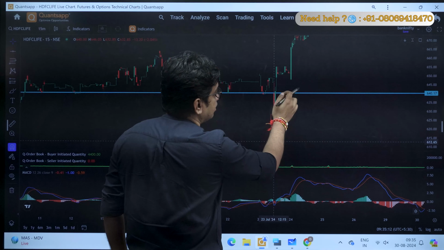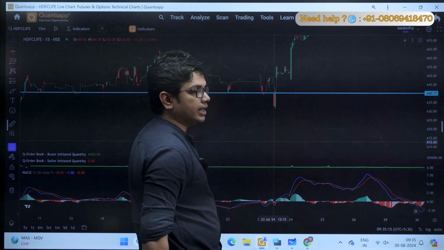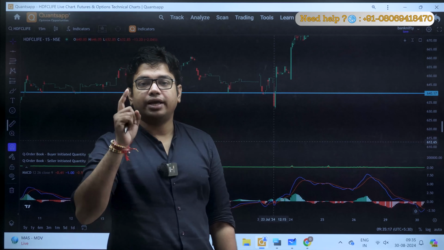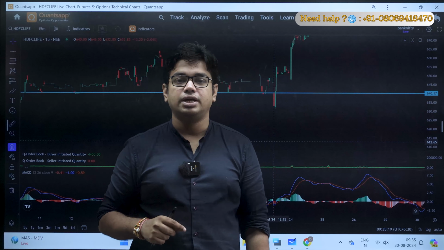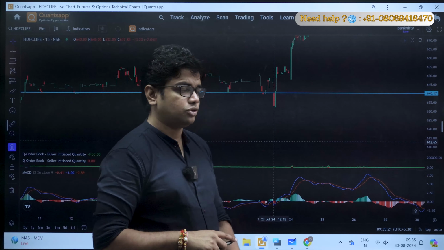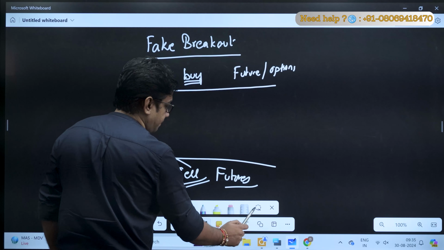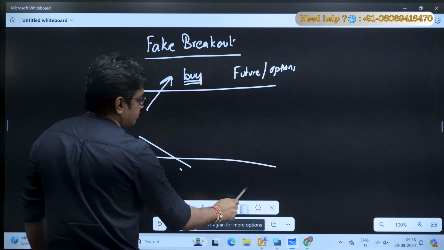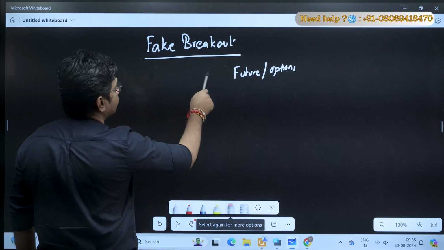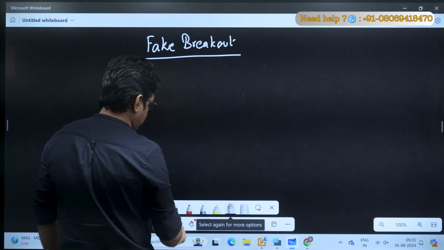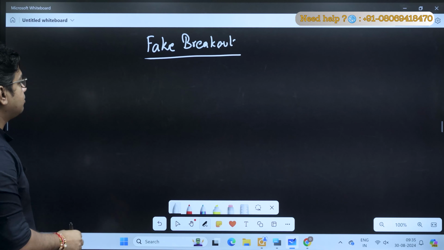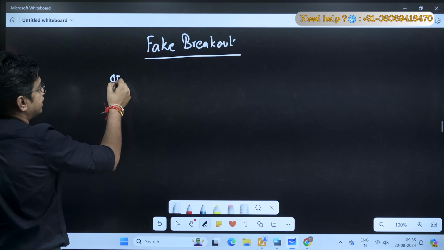If it went down and retests over here, I will take the trade. Now again on the retest also I will go with the data. Now which data am I talking about? There are two kinds of data I am going to look at. First of all, I will go with the open interest data.